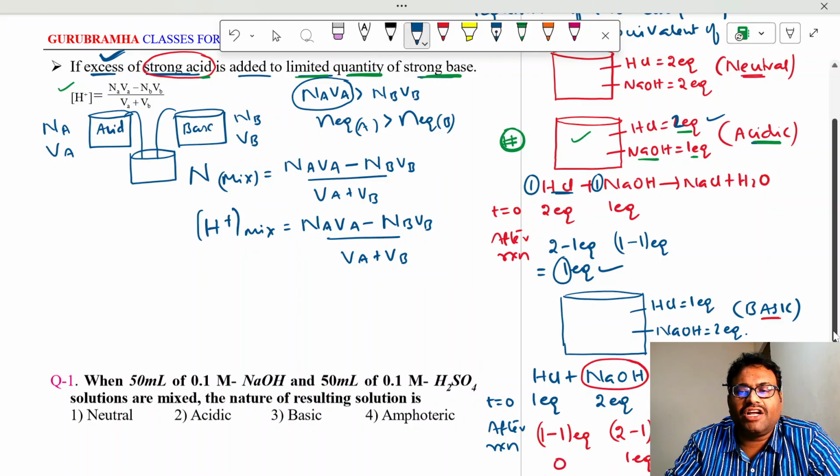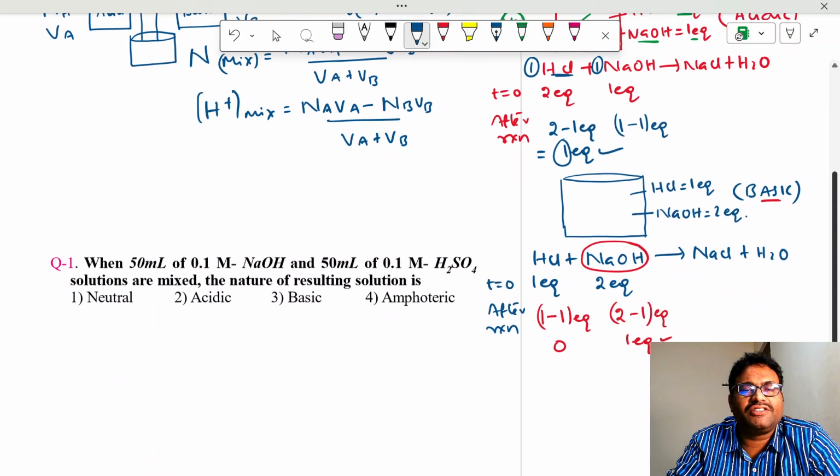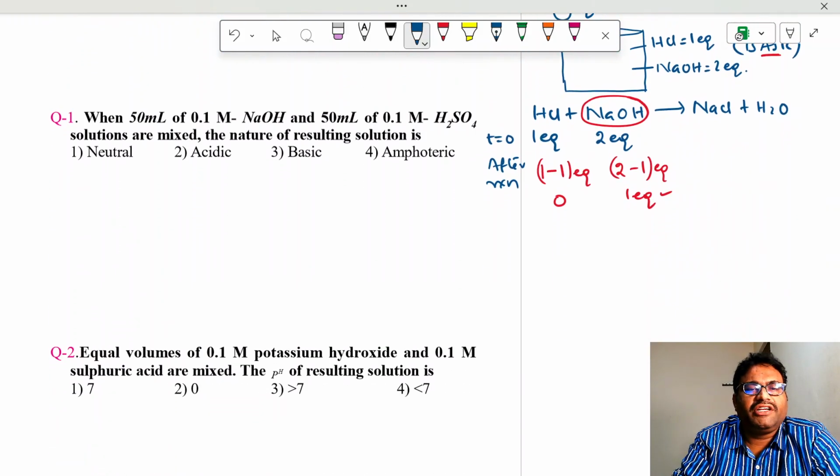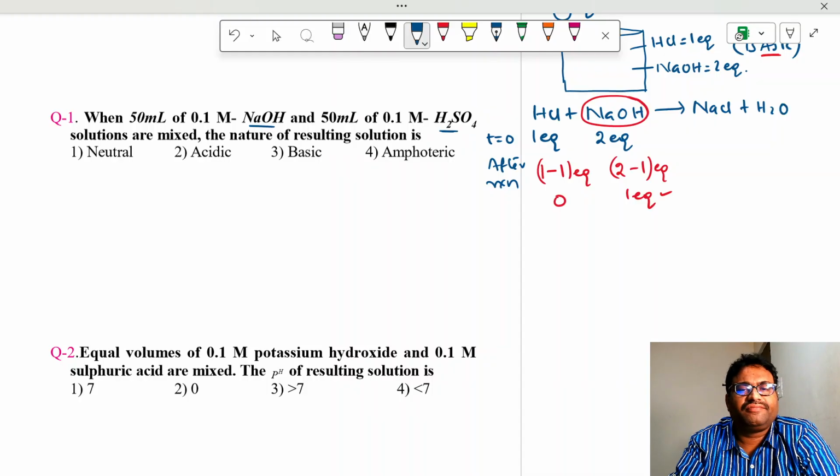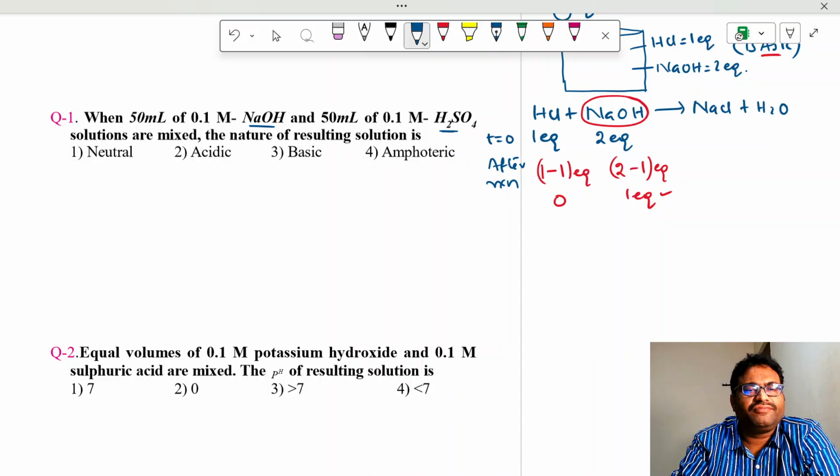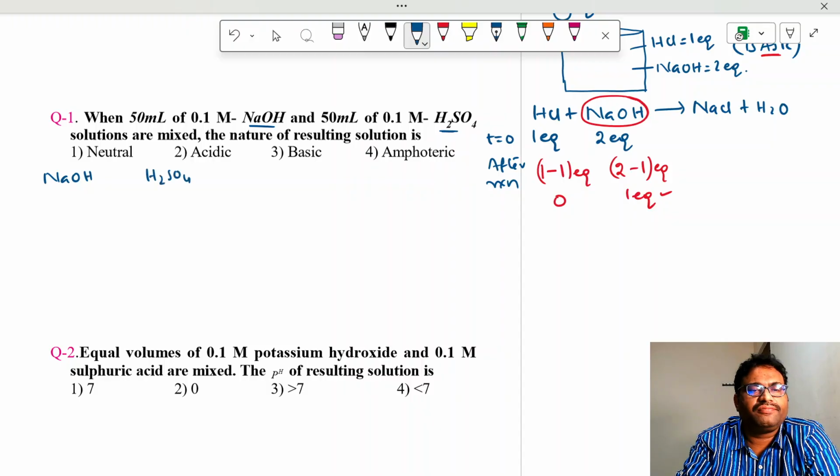Okay, so let us solve a problem using this. NaOH and H2SO4 are mixed. So this is NaOH and this is H2SO4. For H2SO4, the n factor is 2.